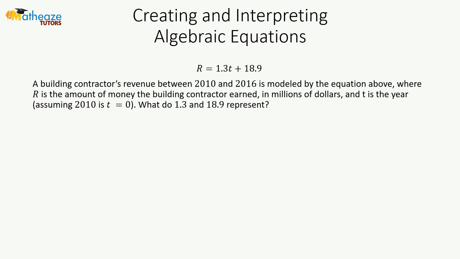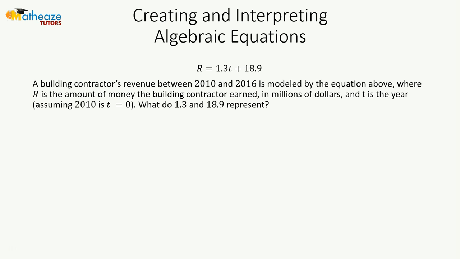Now we're going to look at how to interpret already existing equations. So a building contractor's revenue between 2010 and 2016 is modeled by the equation above, where R is the amount of money the building contractor earned in millions of dollars and T is the year, assuming T is 0 in the year 2010.